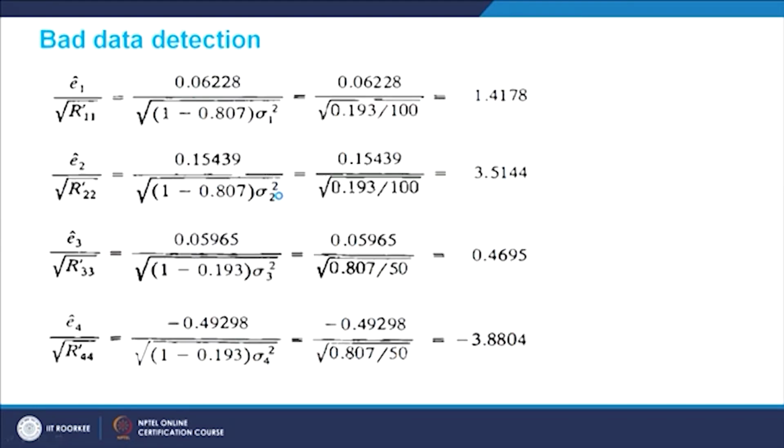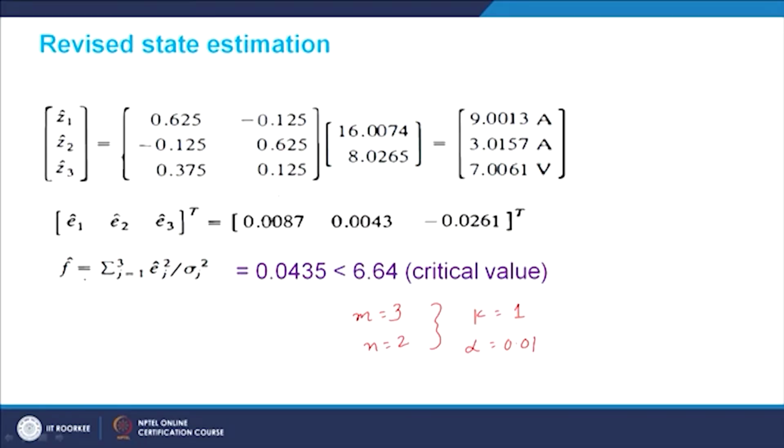Because this threshold value is 6.64 and this is less than this, now there is no bad data.